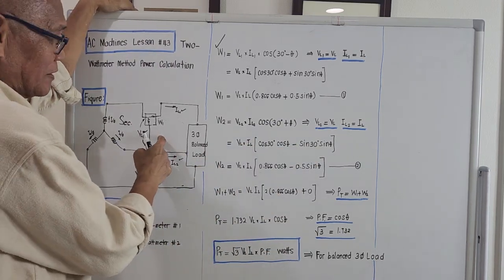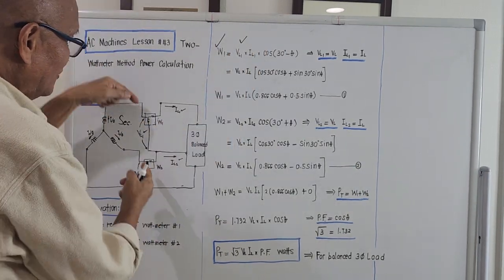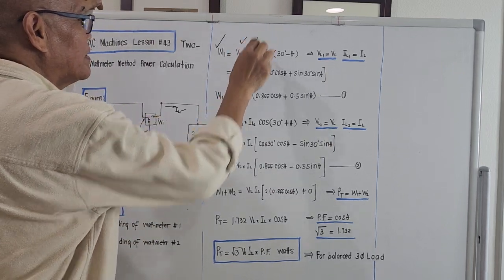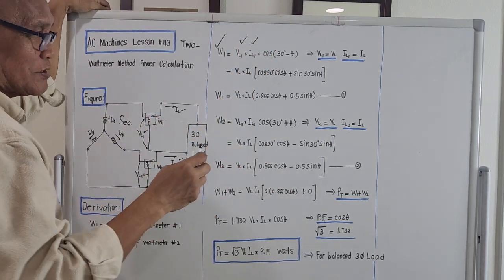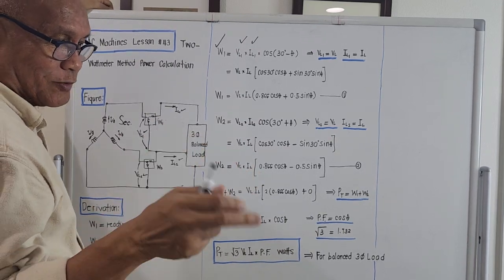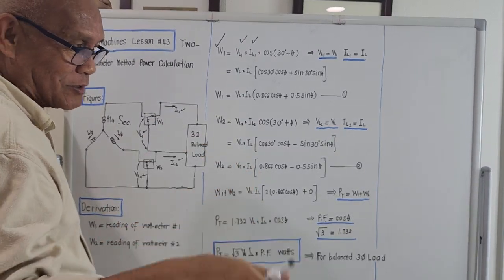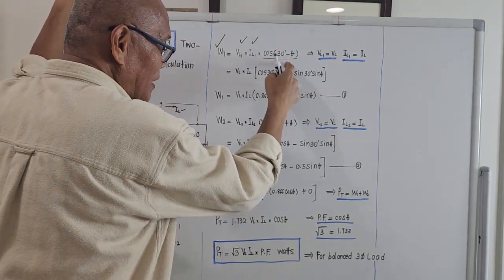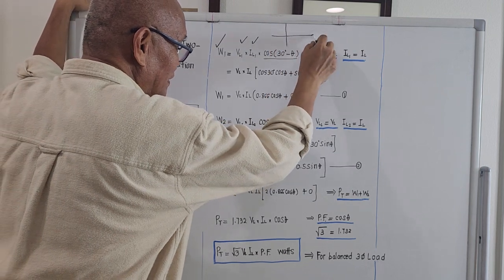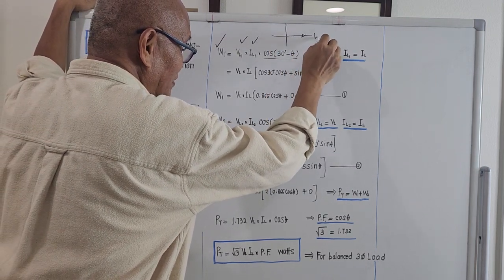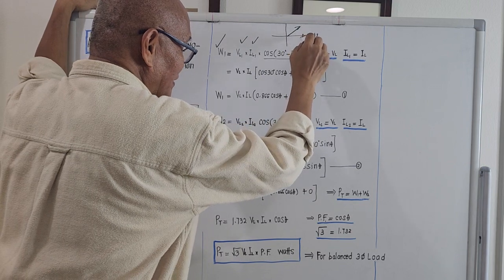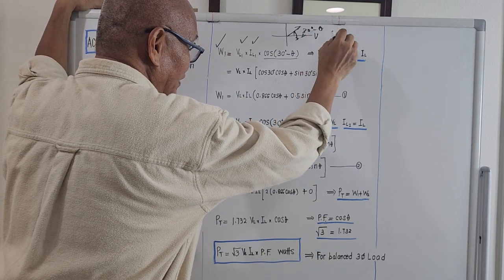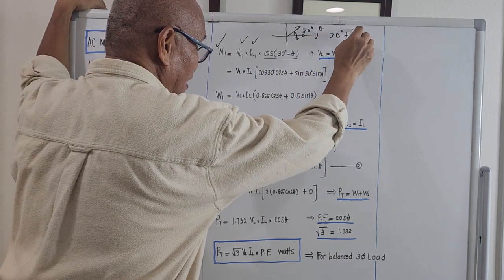So wattmeter number 1 is BL1, the voltage across it, times IL1, the current passing through it. And the power factor, as I gave you in the open delta or delta connection already, is the cosine of 30 degrees plus theta. This came from the vector diagram, in which there is a 30 degrees minus theta and the other one is 30 degrees plus theta.